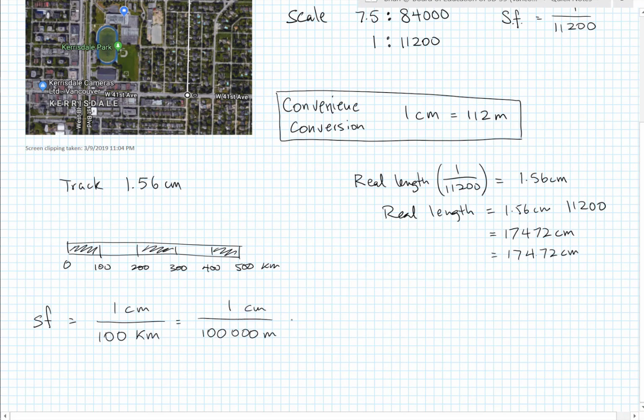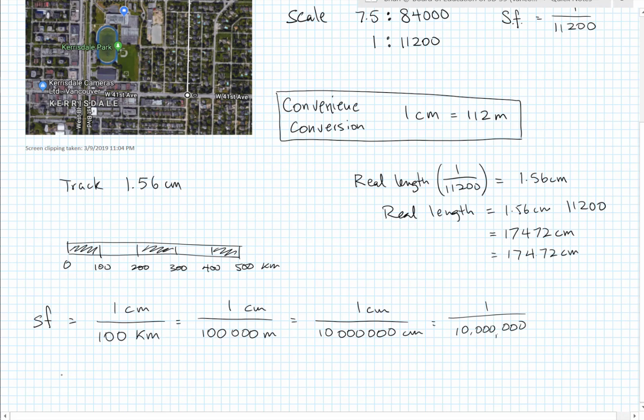Then we'd still have to go a little further, multiplying that by 100 to get 10 million centimeters. At this point the centimeters will cancel out, and we'll have a scale factor that has no units whatsoever, which is simply 1 over 10 million.